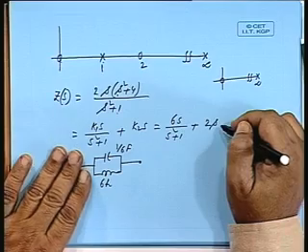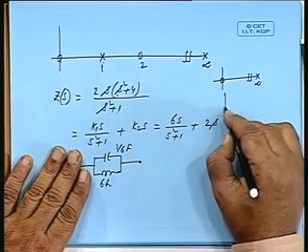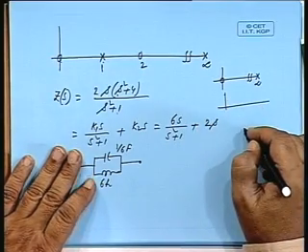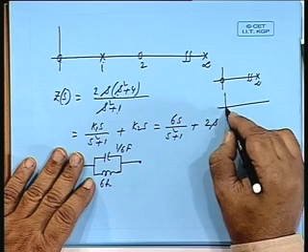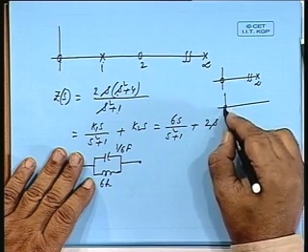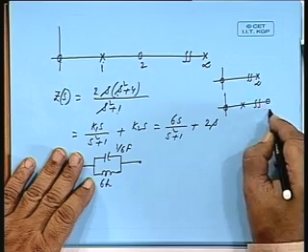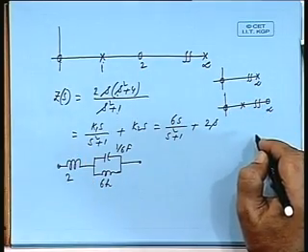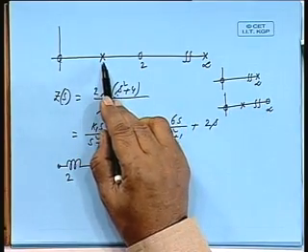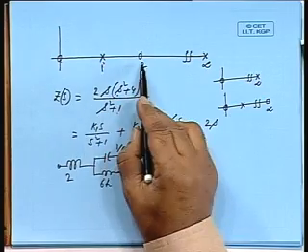If I remove this 2s, then 0 here, pole at 1 and a 0 here. Okay.